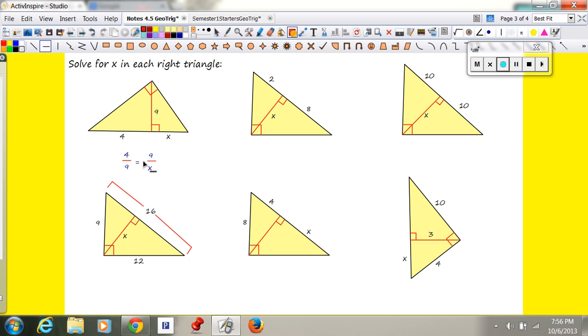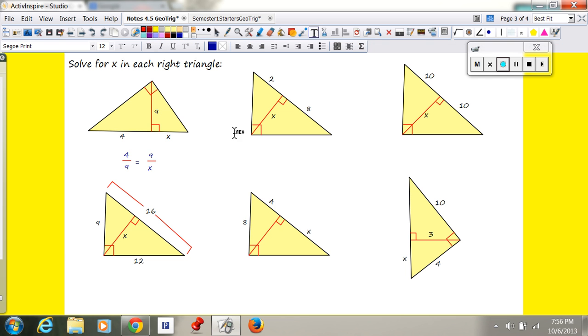So this time you're going to multiply 4 times x and get 4x equals 81. Then you're going to divide by 4 on both sides, and you're going to get 20.25. So that would be your x for that one.